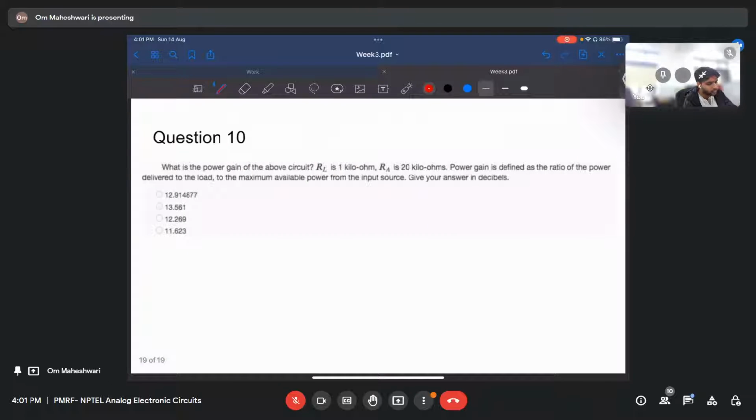So the last question is again power gain. P in is again, like we have seen earlier, V in square by 4 RA, and P out equals V out square by RL, and V out is nothing but AV V in, so AV square V in square by RL.